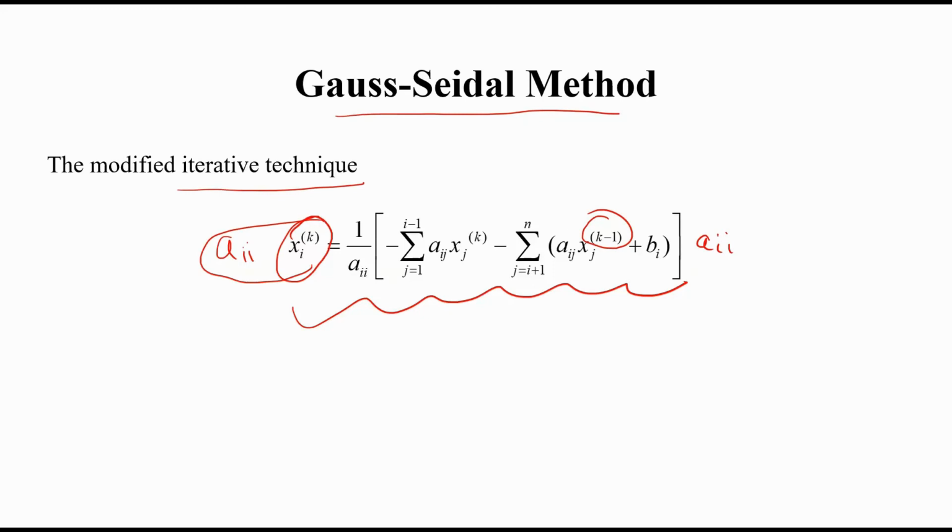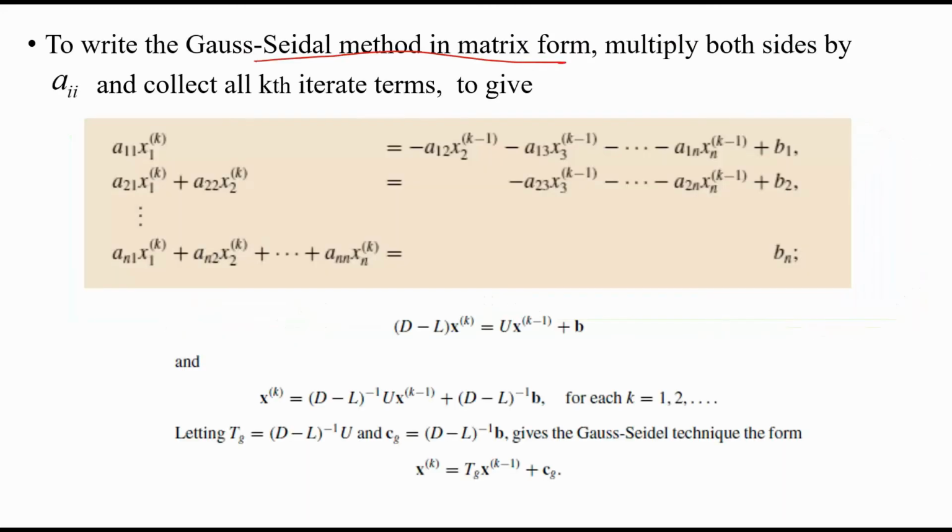So in my left hand side I have written all the terms with this power k, and in my right hand side I have written all the terms with this k minus 1 power plus bi's. These are bi's. So in the left hand all the k's, in the right hand k minus 1 and bi's.